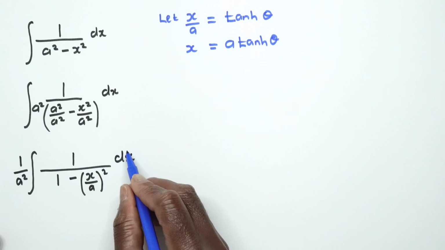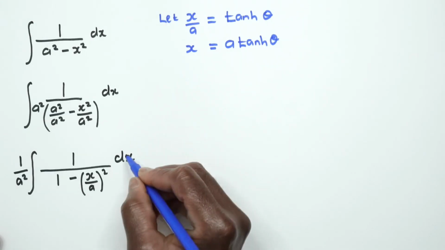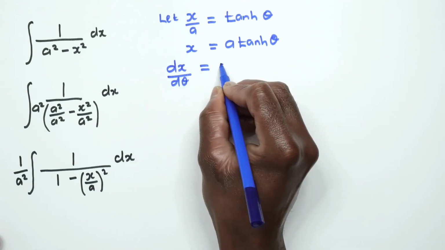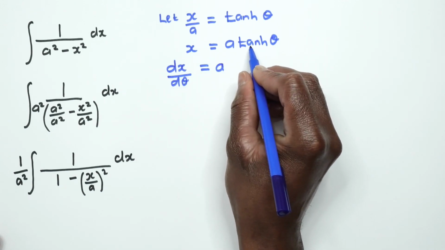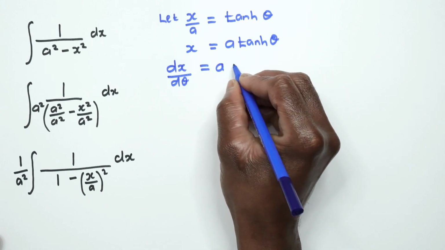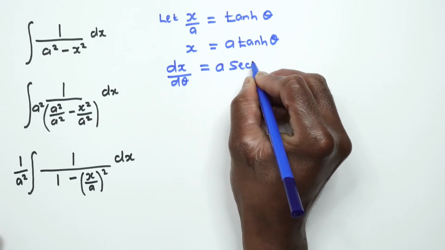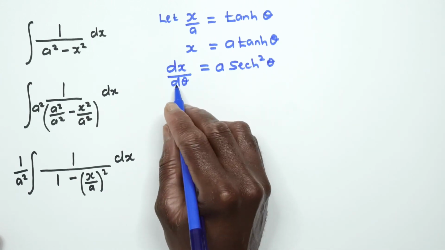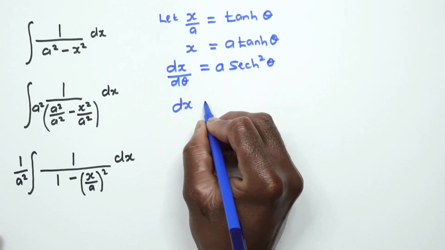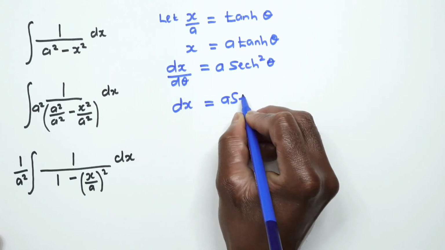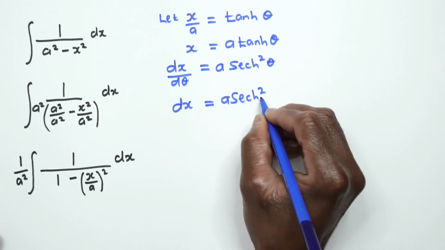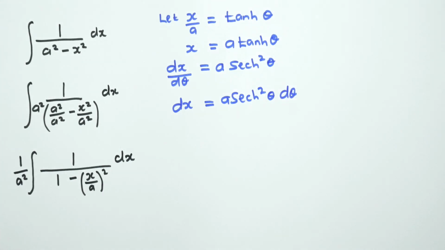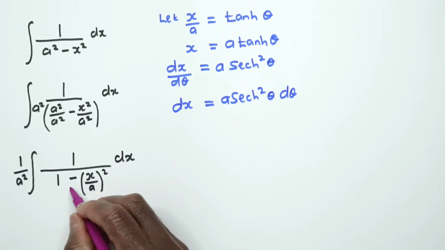I need to find the dx, so I need to differentiate this to get the dx. The dx over d theta equals a, and if you differentiate hyperbolic tan, you get hyperbolic sec squared theta. Then I need to multiply both sides by d theta. The dx equals a hyperbolic sec squared theta d theta. Now I need to bring these in and then complete this.